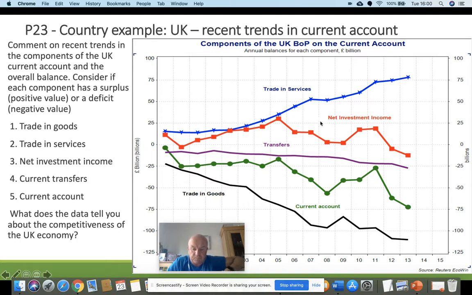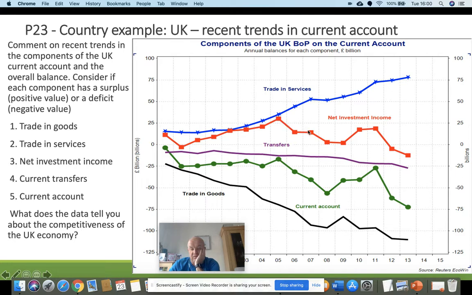Okay. If we then take a look at net investment income, which is in red, then in general we've got a reasonably positive scenario up to around about 2005, middle of 2005, down towards 2006.